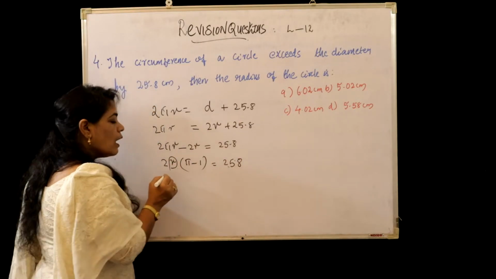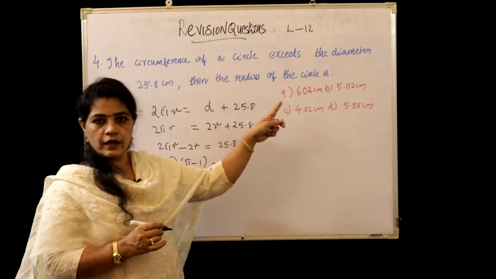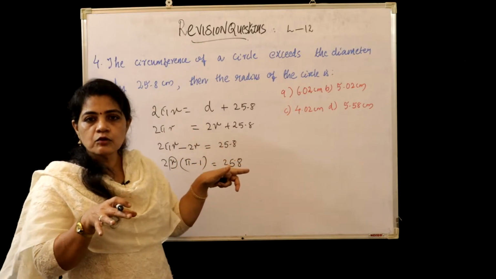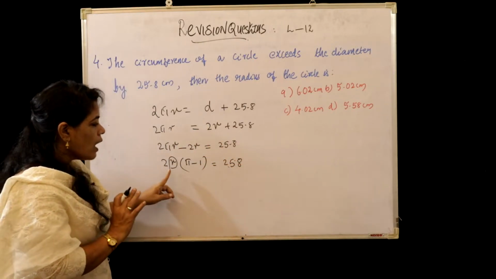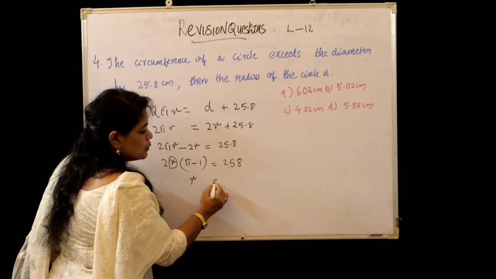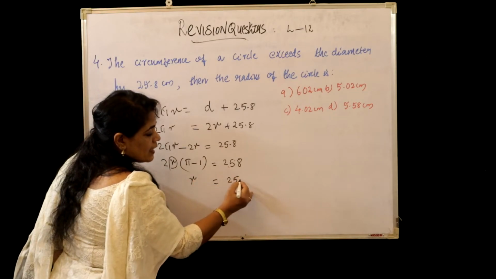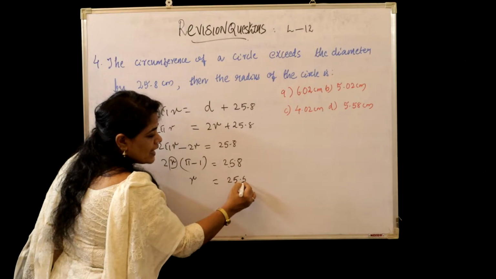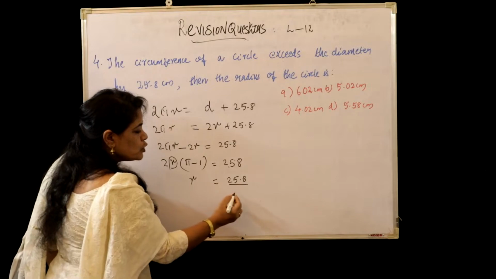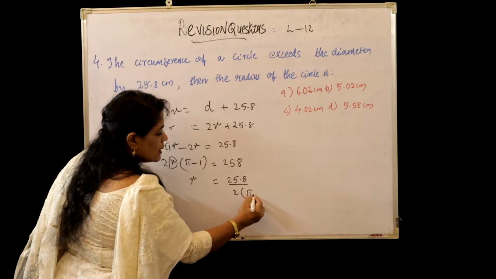But we need r, that is the radius. That is why we expressed the diameter in terms of 2r. So I am keeping r alone in the LHS. That is r equal to, what is the RHS? 25.8 divided by 2 into (pi minus 1).